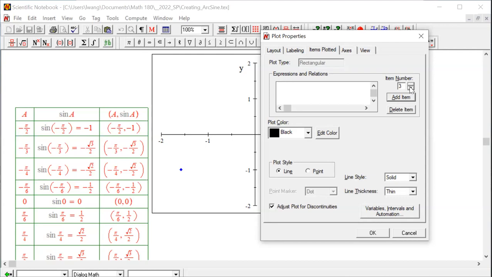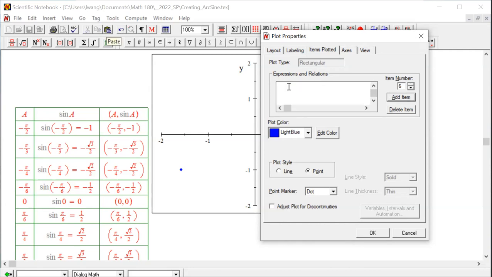Blue dot, add another point, which is negative pi over 4, and that's negative root 2 over 2, right? Add another point, negative pi over 6, and that's negative 1/2, right?